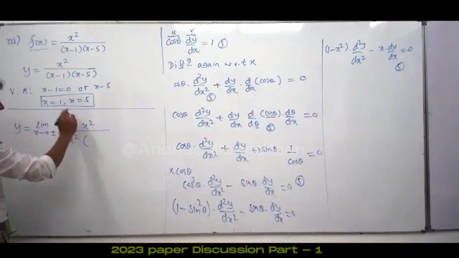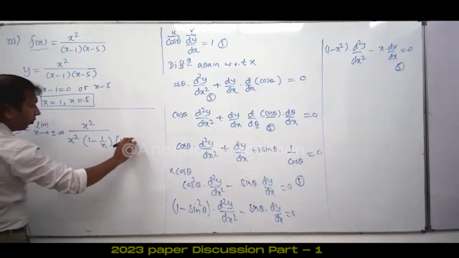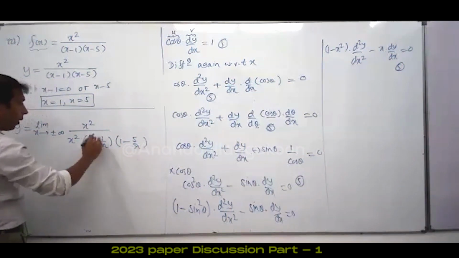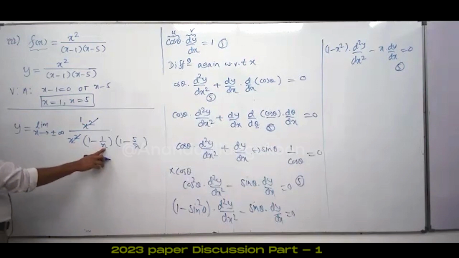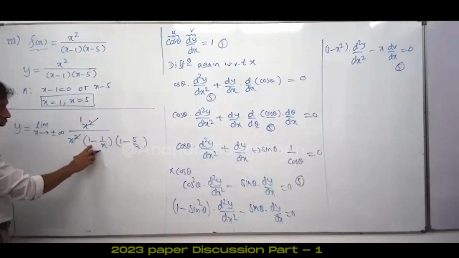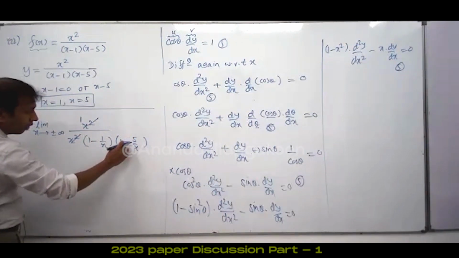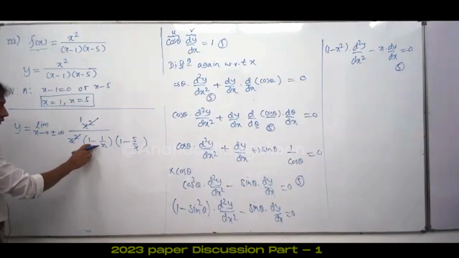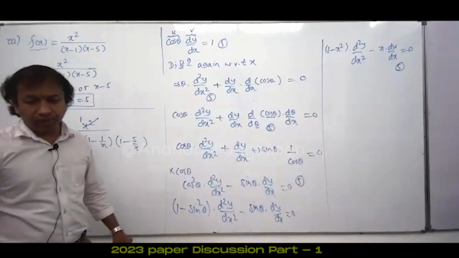Then we get 1 minus 1 over x, and 1 minus 5 over x. Then the 1s cancel down. Put infinity here: 1 over infinity is 0, so this bracket is 1. 5 over infinity is 0, so this bracket is 1. Then 1 into 1 is 1, and 1 over 1 is 1. Therefore, the horizontal asymptote is 1.